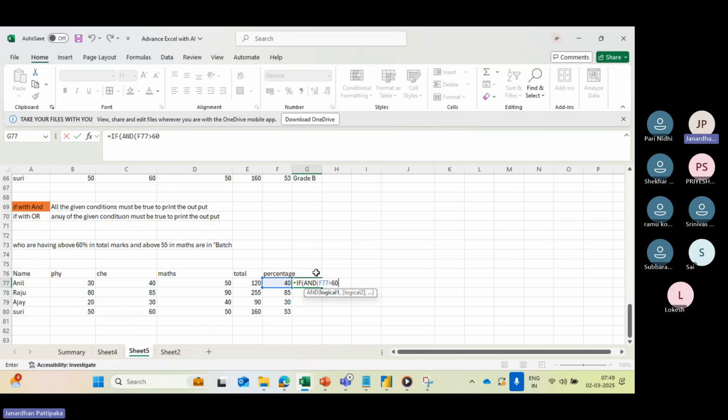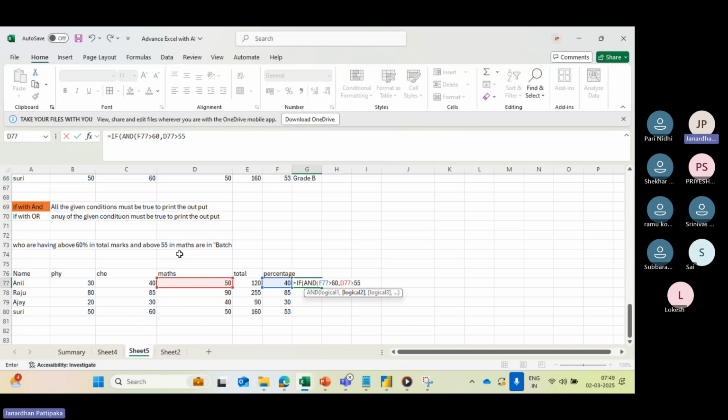That is one condition. After this condition, you need to keep the comma for the next logical test. And another condition: what is maths? So this is the maths condition, right? You click on the maths marks here, D77, and it should be greater than how much? 55. So click on greater than and mention the value as 55.